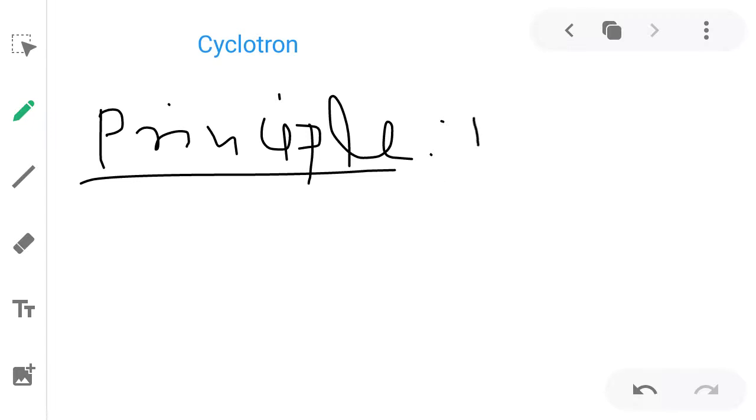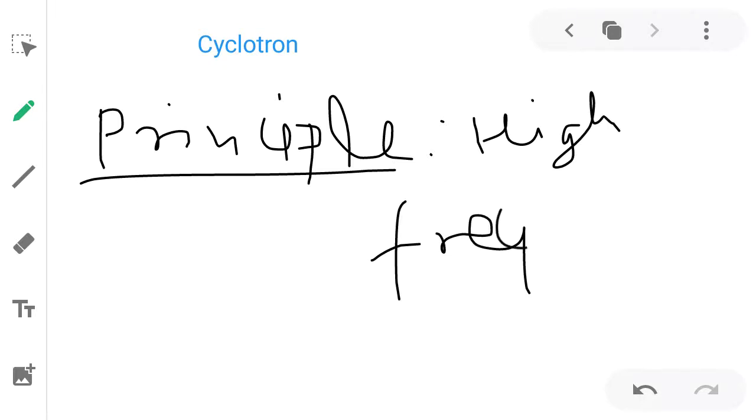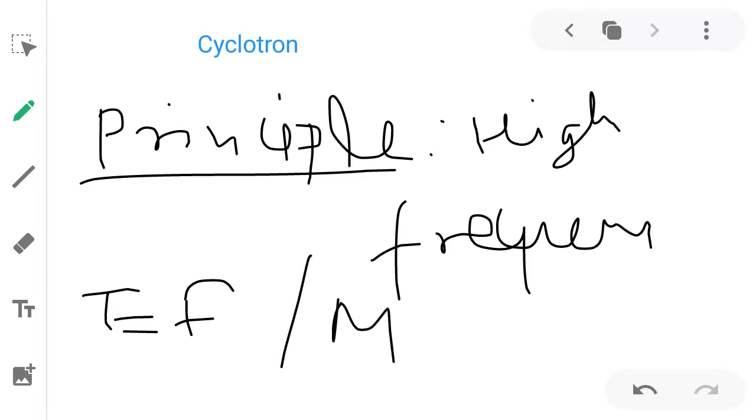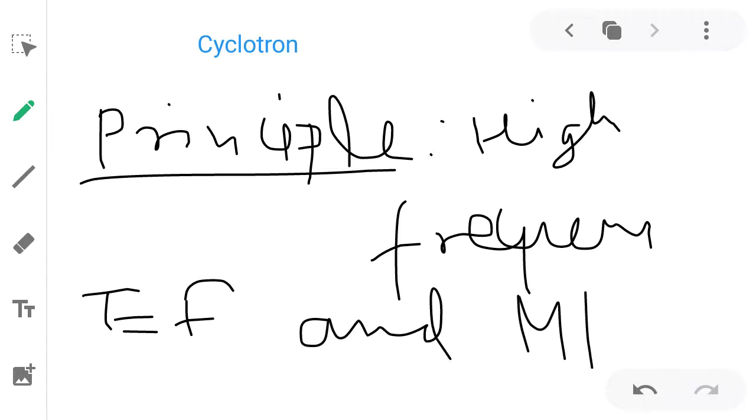So first of all, what is required? High frequency electric field and magnetic field.